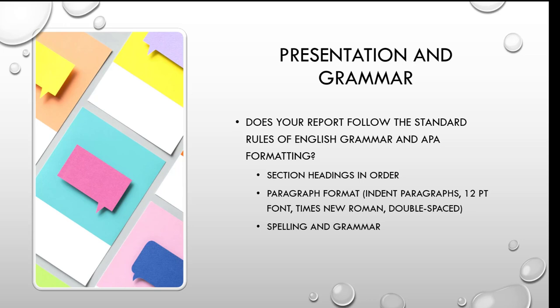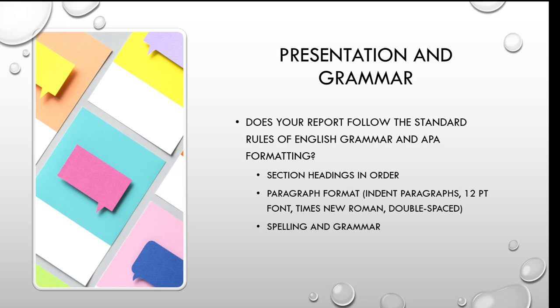Typical 12-point font, normal font, so Times New Roman or something similar, double-spaced. And then don't forget your section headings so that I can clearly tell where your introduction ends and your methods section begins, since sometimes I can't tell for some of you if you don't include those.